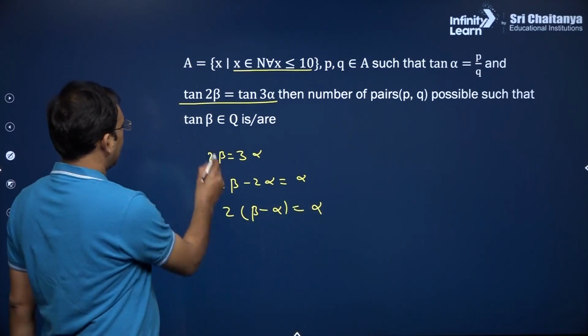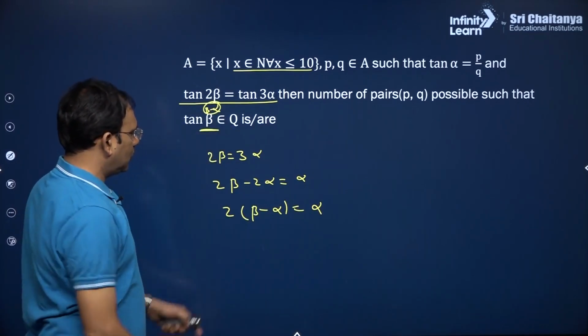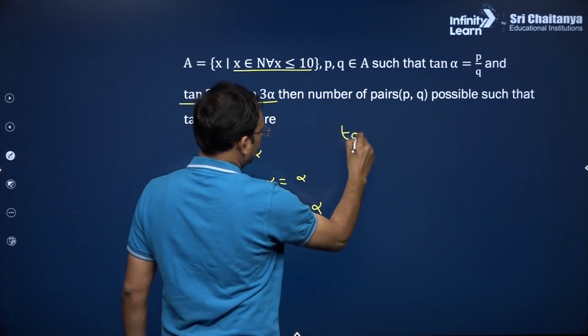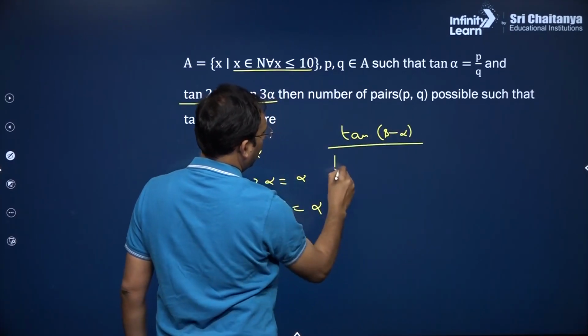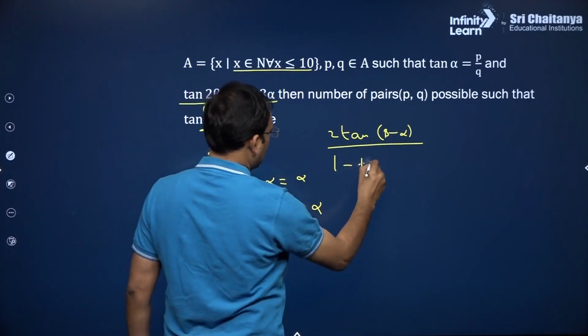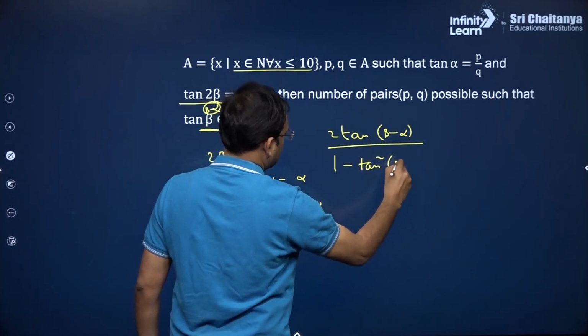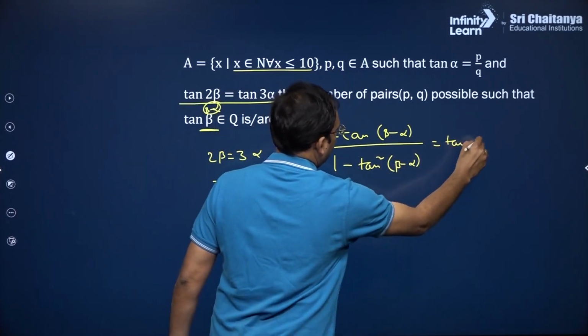Now you can take tan 2 theta, 2 tan theta by 1 minus tan square theta is equal to tan alpha, my dear friends.